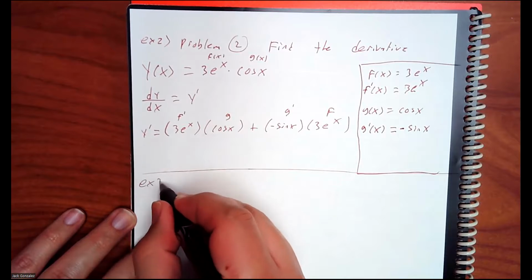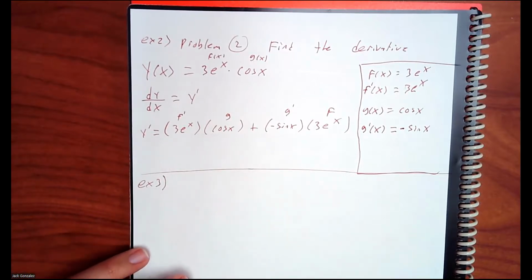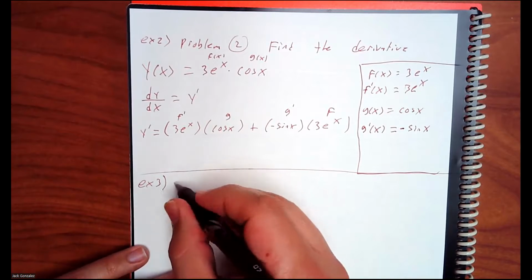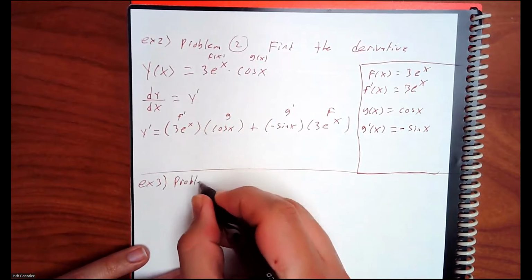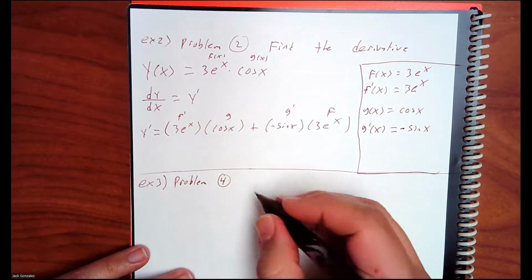Okay, I'm going to move on to the quotient rule then. Problem 4.